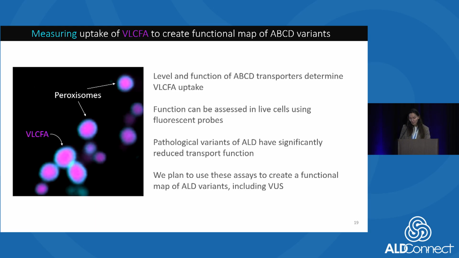The whole situation here is with hopes of potentially classifying all the variants of ALD. So it will be complementary to what we already know from this amazing analysis by mass spec of different lipid classes. It will be a complementary data set for function of the actual protein on the peroxisomal membrane.